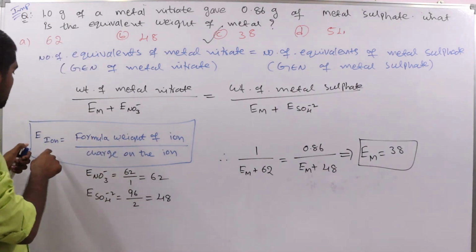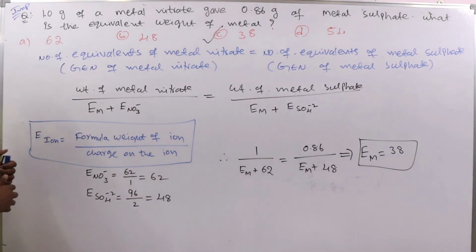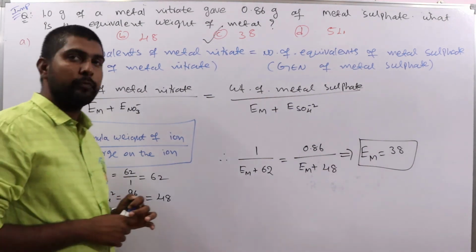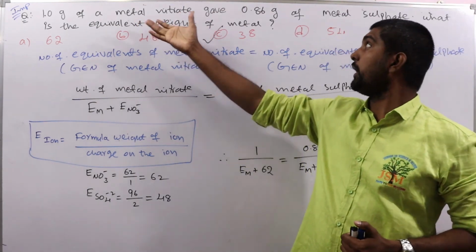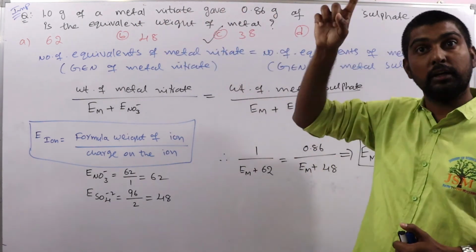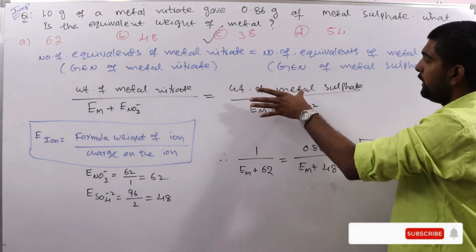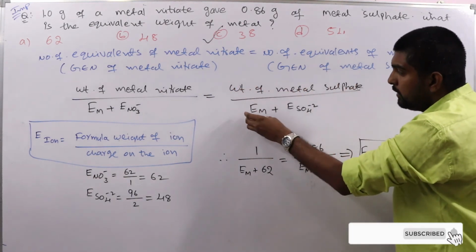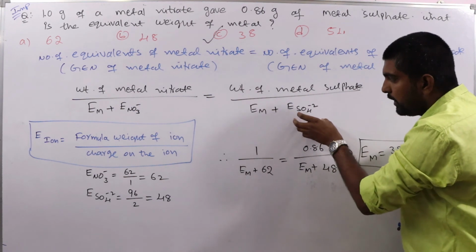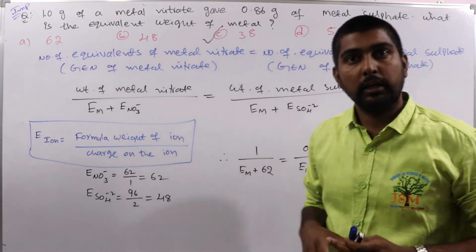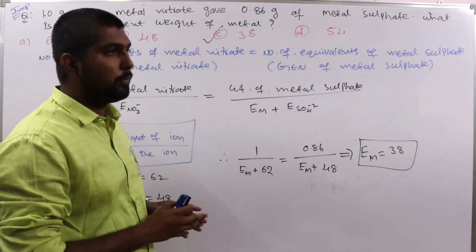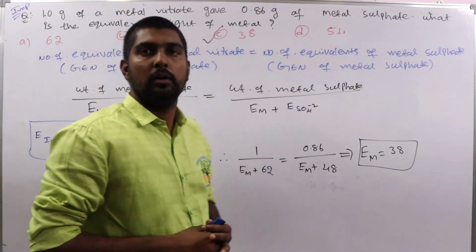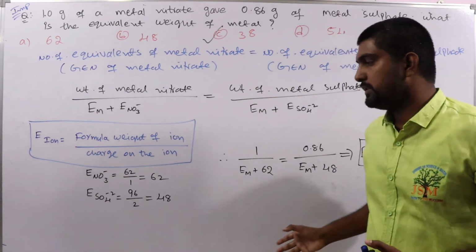This is the other formula which we discussed in the previous lectures, how to calculate equivalent weight of an ion. In the same manner, suppose they give metal nitrate giving metal oxide. In that case, weight of metal oxide by equivalent weight of metal plus equivalent weight of oxygen. Like that we have to solve. Depending upon the given problem, this is the procedure. So you will get the answers easily.